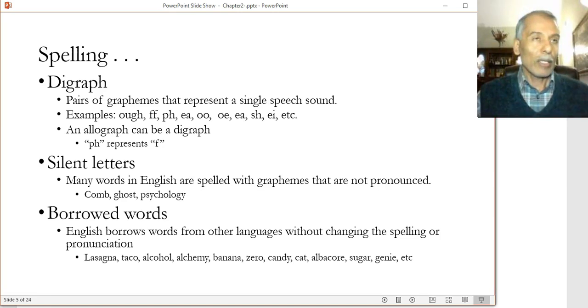As far as 2010, every month the English language would borrow 12 new words from other languages. And now, over the past 6 years, I'm sure it is more than 12 a month because of the internet.